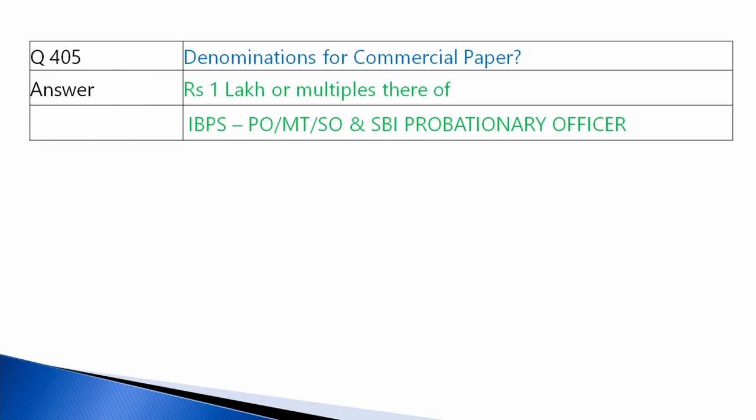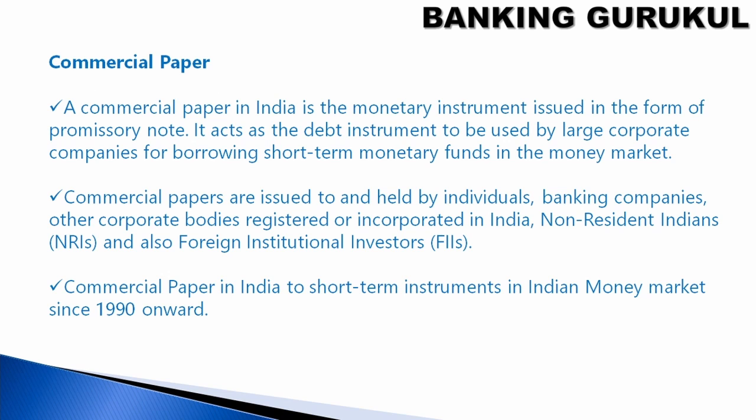Next question. Denominations for commercial paper is 1 lakh and multiples thereafter. So all the commercial papers will be 1 lakh, 2 lakh, 3 lakh, 5 lakhs. It will be multiples of 1 lakh. So what is meant by commercial paper? A commercial paper in India is a monetary instrument issued in the form of a promissory note. A promissory note is like when you take money from person X and give a promissory note, that whenever they demand, the amount will be paid.